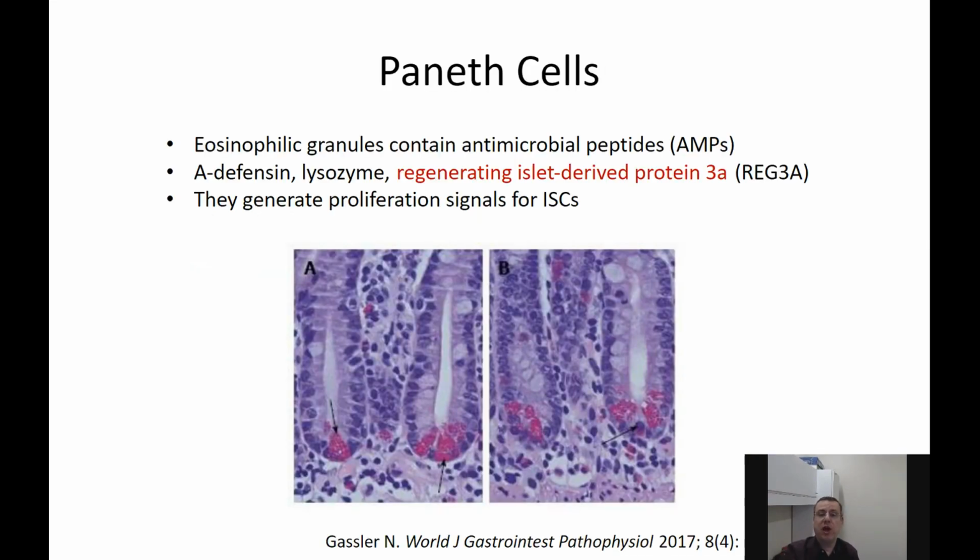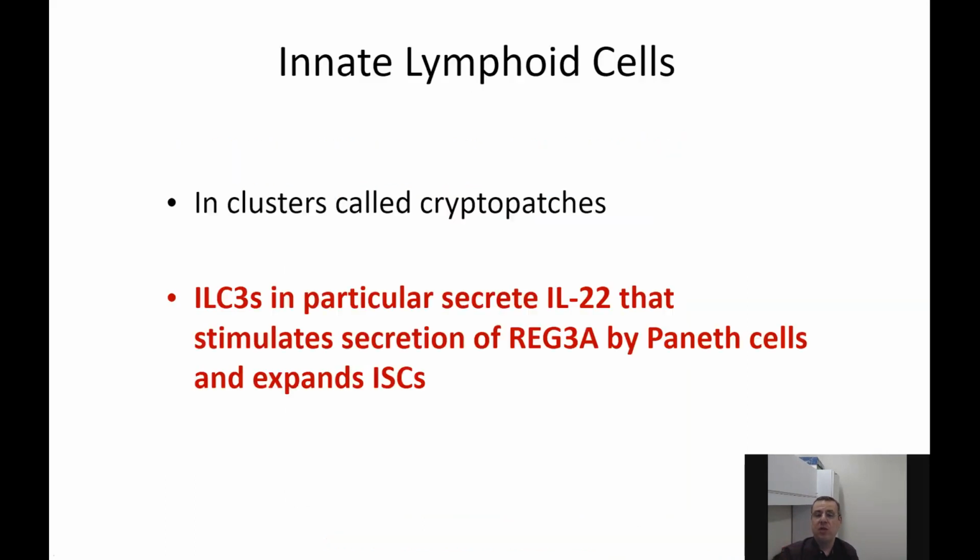In these crypts we also find the Paneth cells, which contain eosinophilic granules with antimicrobial peptides, as well as the regenerating islet-derived protein 3A, otherwise known as reg3A. And the function of these cells is that they generate proliferation signals for the intestinal stem cells.